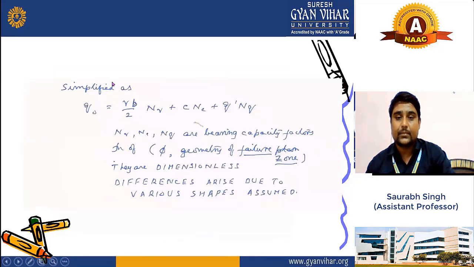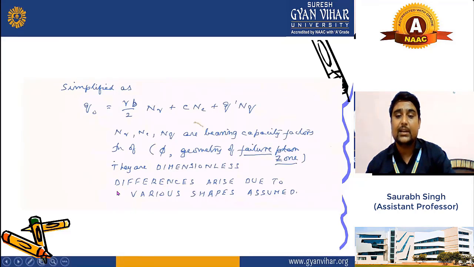Now, if anybody asks you for a formula, what is the bearing capacity of soil? It will be B by 2 N gamma plus c Nc plus q Nq. This is very important, and this is the difference, and it is also dimensionless.